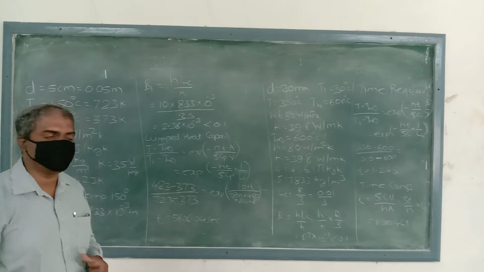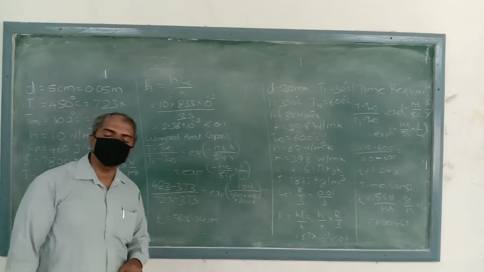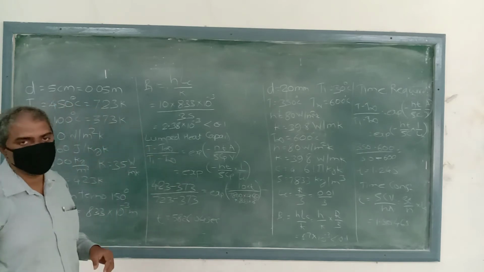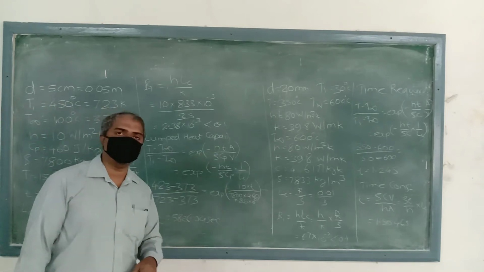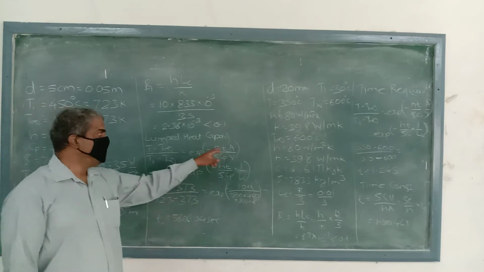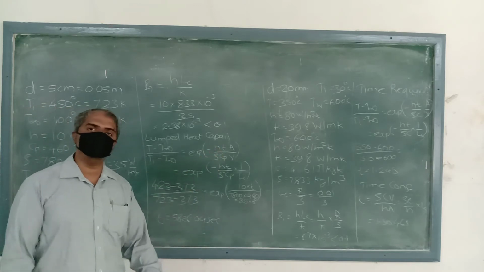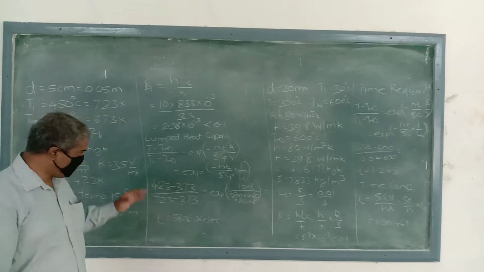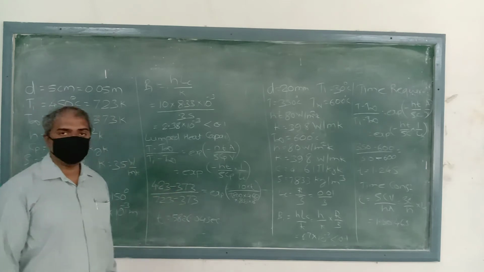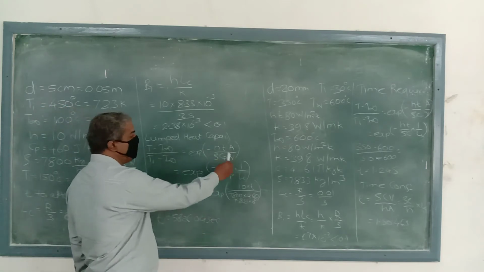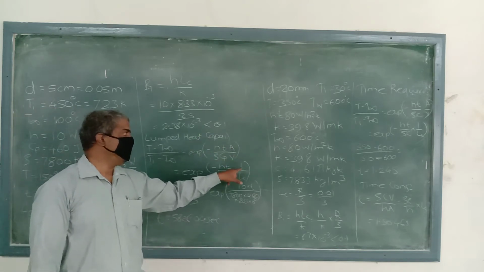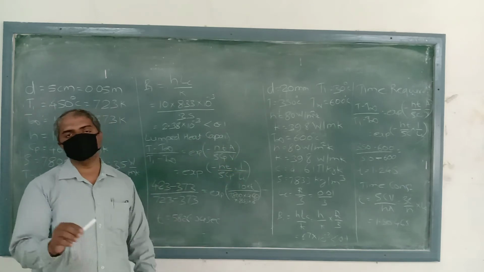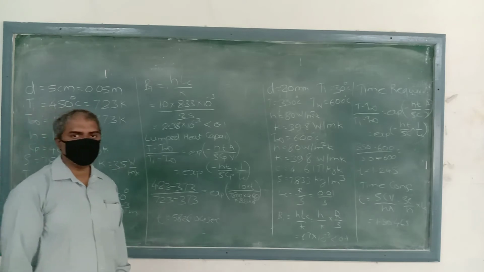And the lumped heat capacity analysis formula is (T minus T infinity) upon (Ti minus T infinity) is equal to exponential raised to minus hAt upon rho Cp V. In this formula we can modify area upon volume and convert it into 1 upon Lc, because volume is equal to area into Lc.